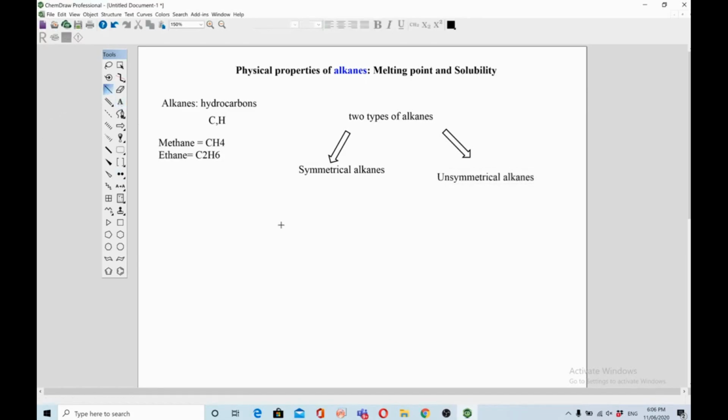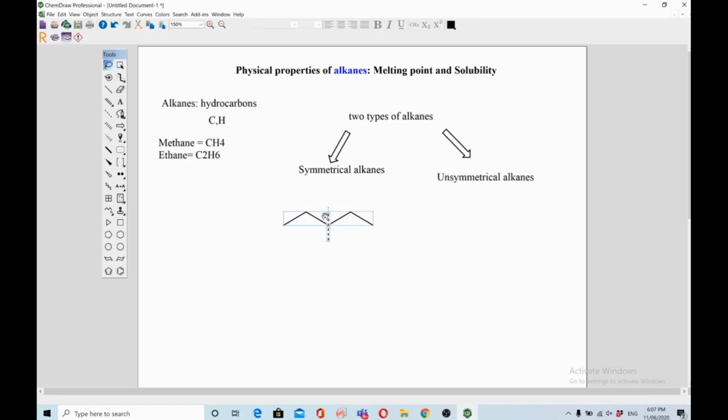Symmetrical alkanes means those alkanes which are the same on both sides, or they have a plane of symmetry, so we can cut them from the middle. For example, if we cut this methane from this area, both sides of this methane are similar, left side and right side. So this is a symmetrical alkane.